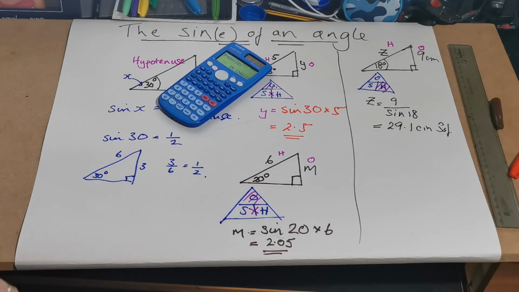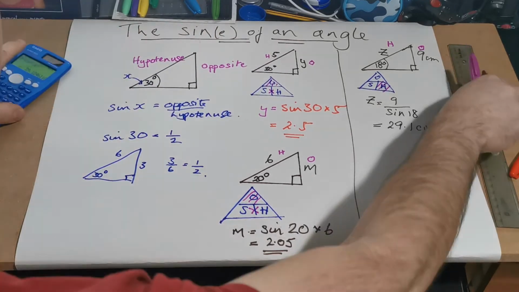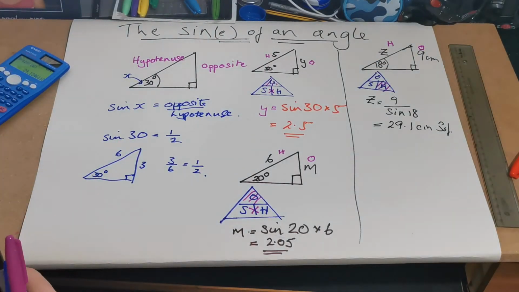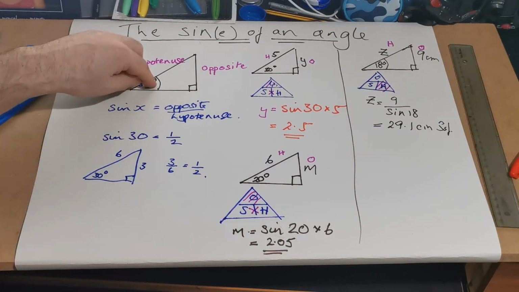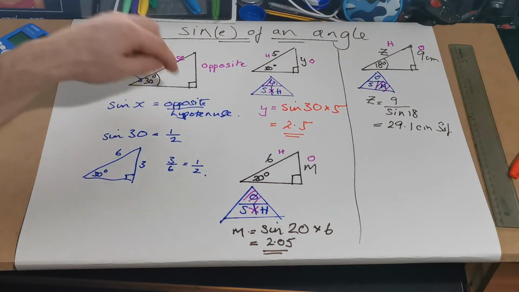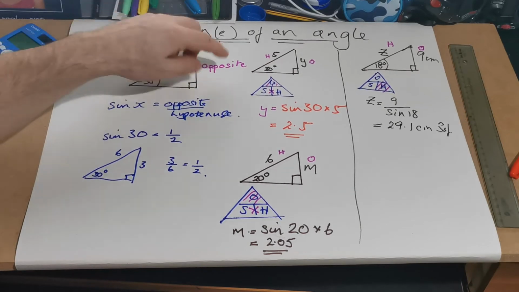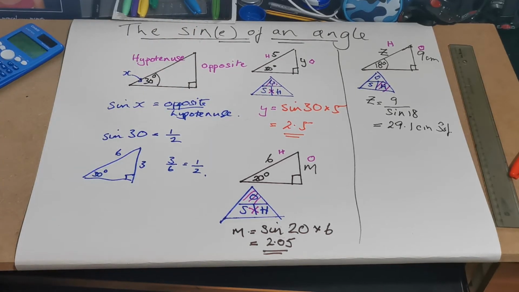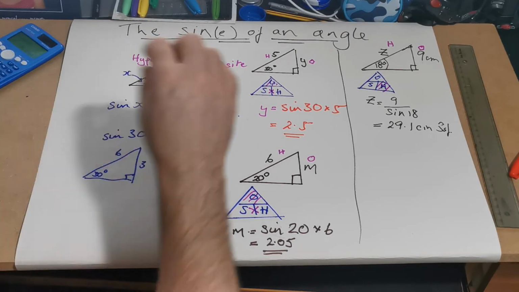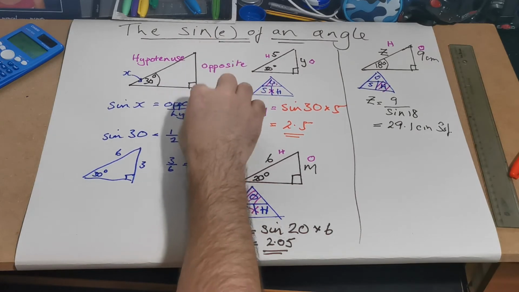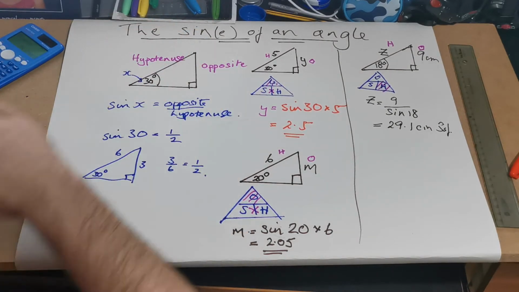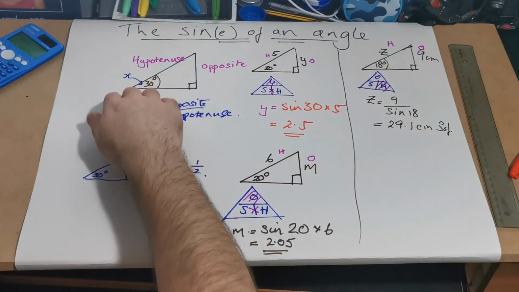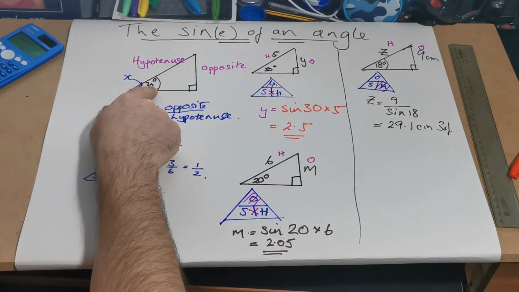So just to recap, we know that if we have an angle, the sine of that angle is the opposite divided by the hypotenuse. That's what it's defined as. But that answer to the opposite divided by the hypotenuse is the same regardless of how big this right angle triangle is, if that angle is the same.